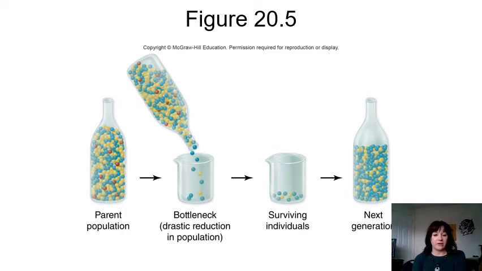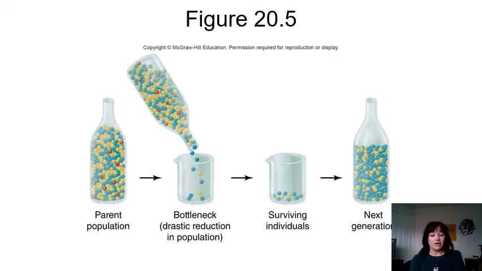So when there is a bottleneck, a drastic reduction in population, it's like this bottle: when you try to pour out some of these beads, only a few come out. So now we have a very, very small percentage of individuals surviving. It's not very likely that those surviving individuals are going to have that red color, because red was pretty infrequent to begin with.